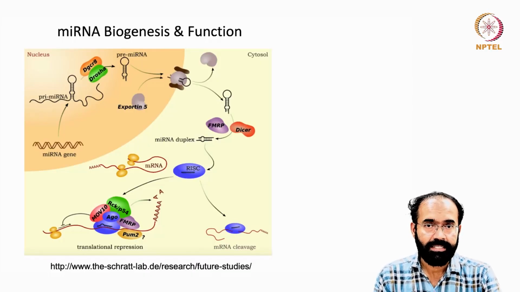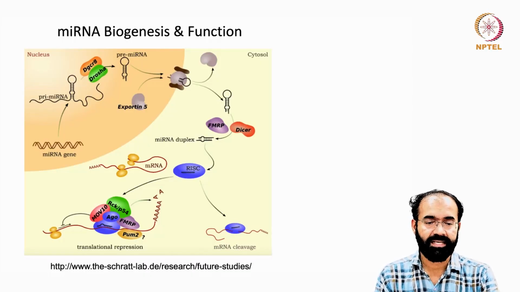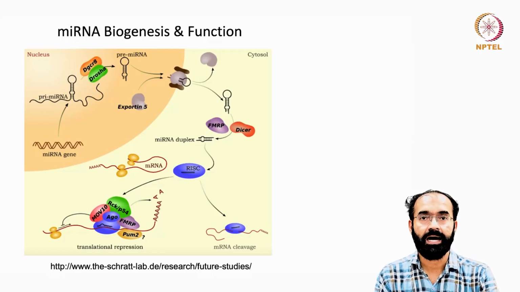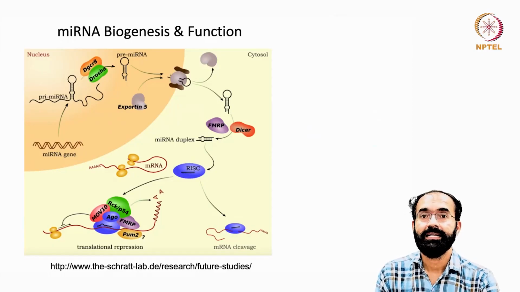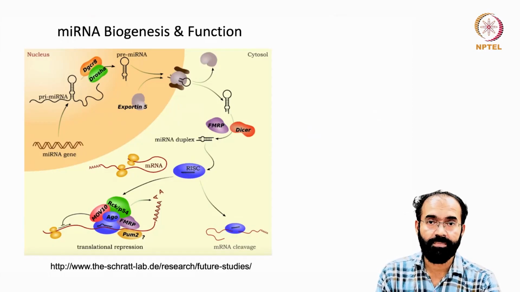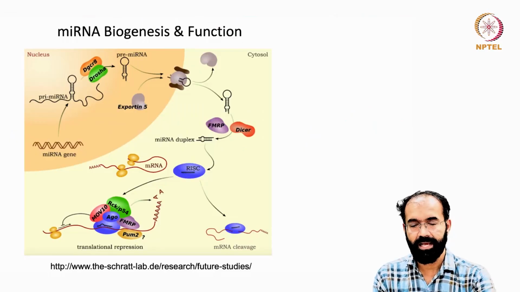In a simplistic form, we can say microRNAs are meant for preventing the availability or the formation of protein from an mRNA.